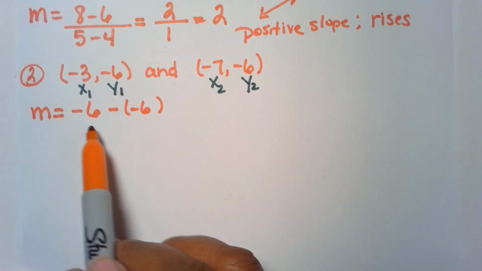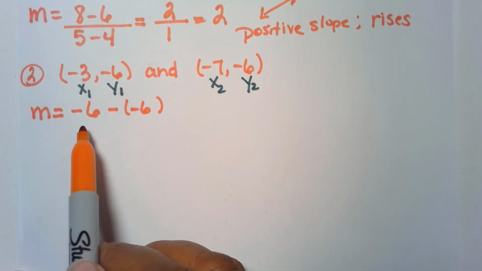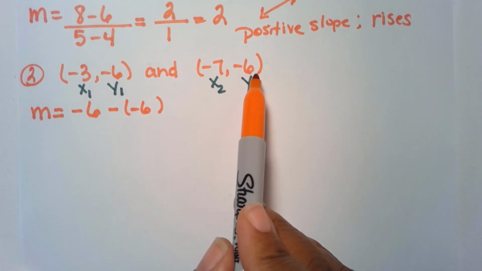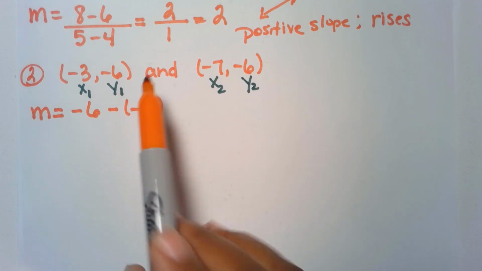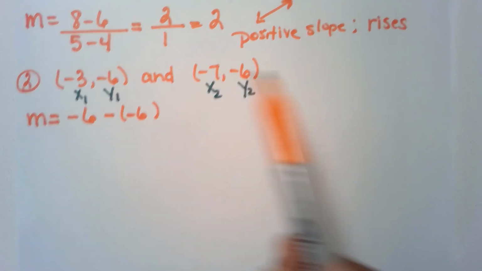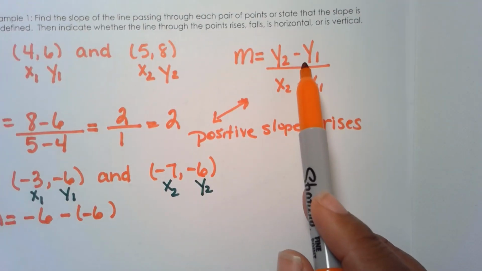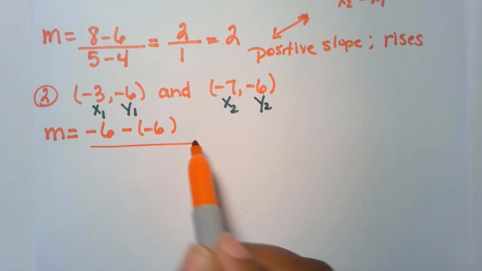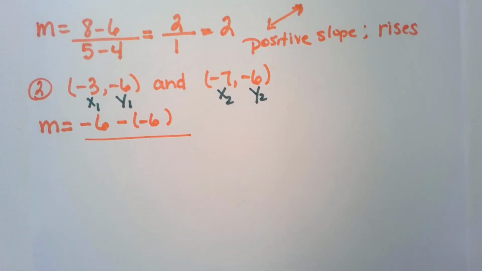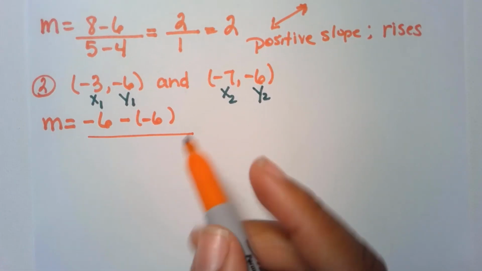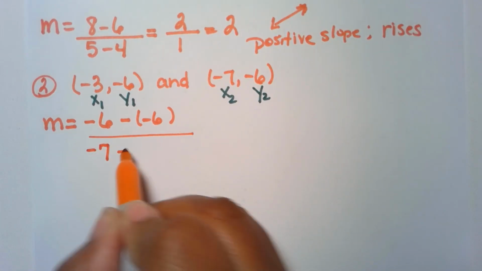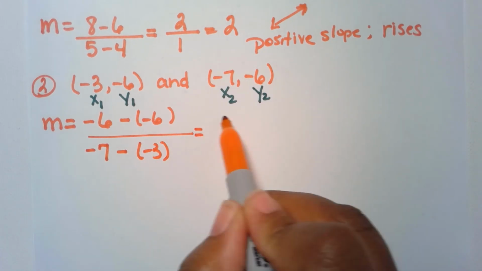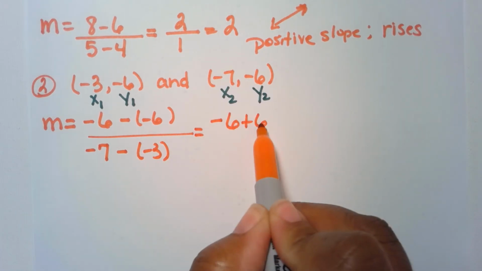So when we subtract this, our change in y, we have two points identified, -6 and -6. The minus that's in the formula itself does not substitute for the negative that's part of the point. So we have our numerator, -6 minus -6, our denominator, -7 minus -3, and we know that the two negatives will become a positive.